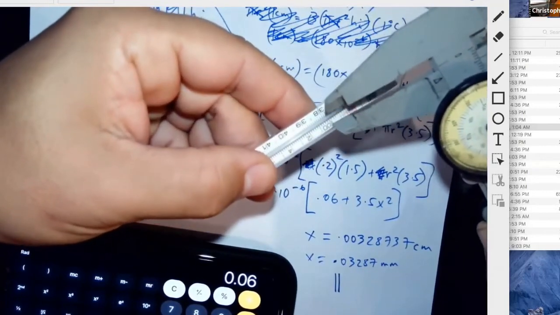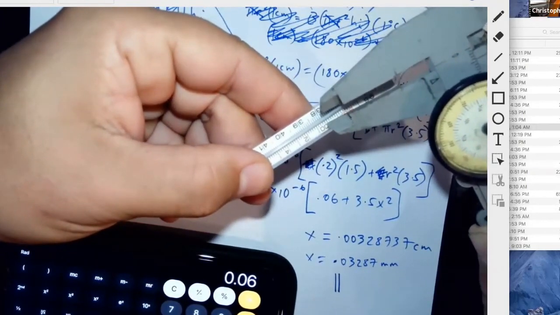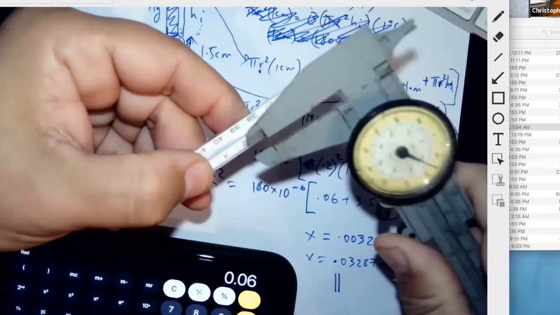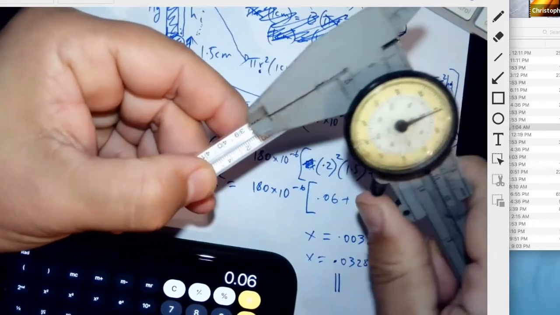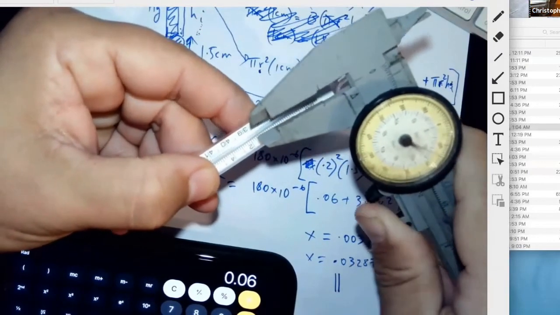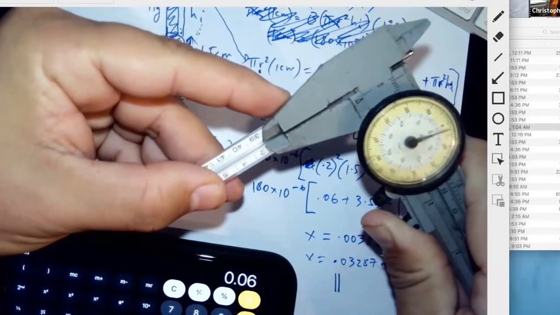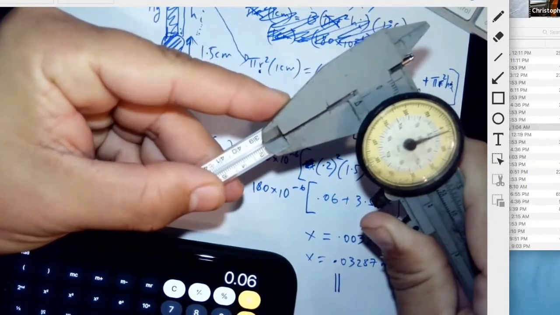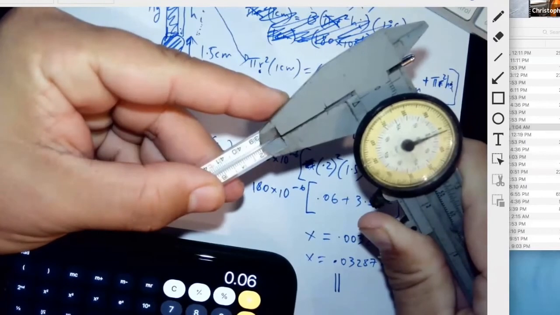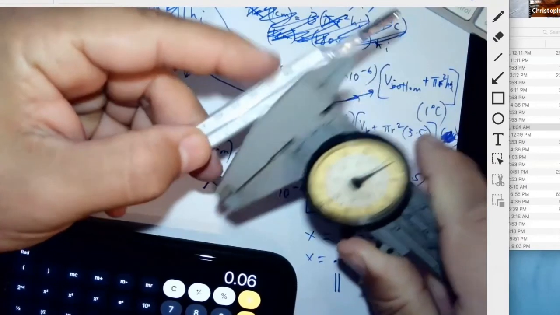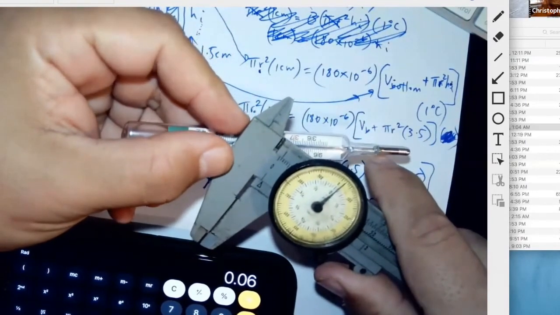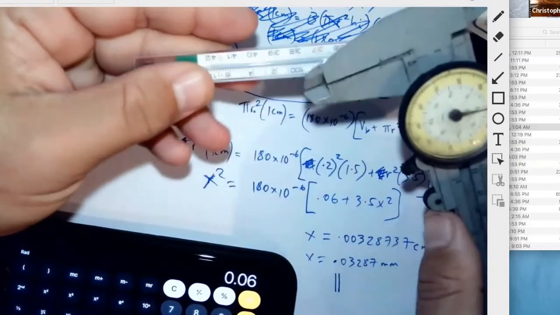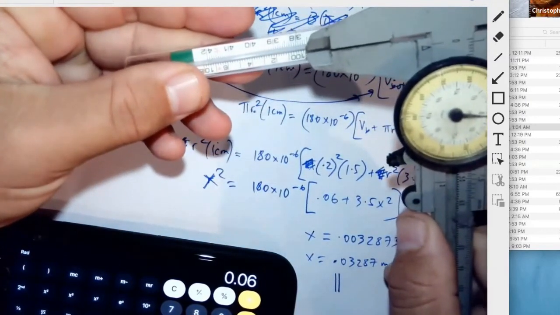Let's see here. If I take this and then I go like that, I have this ancient vernier at home. God, it's very small, but there's probably thickness to that glass. So I'm getting 0.9 millimeters. That's the diameter.